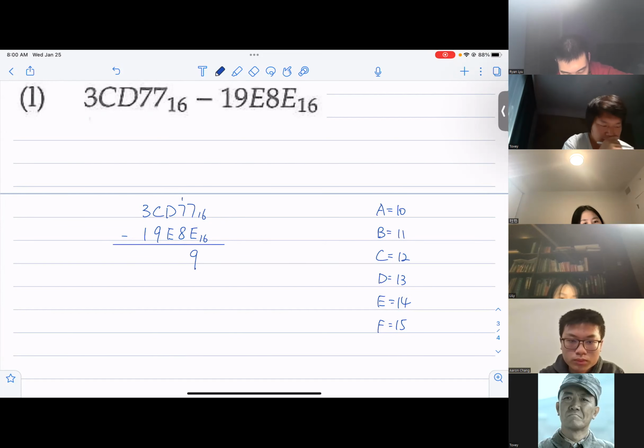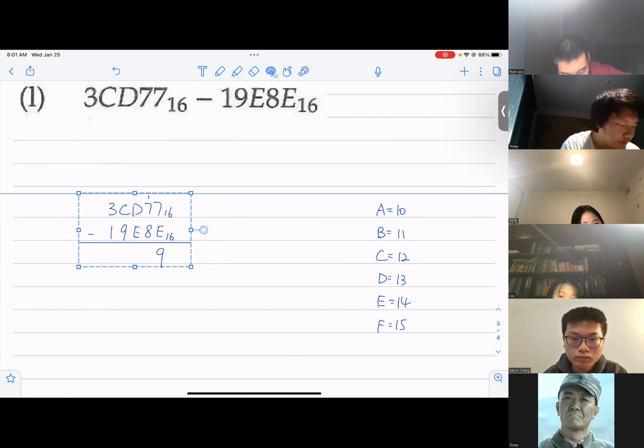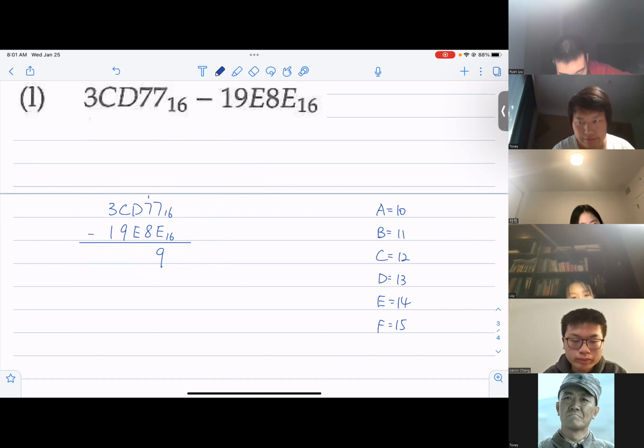Borrowed one. Okay. So for the borrowing, Lily, does that make sense? Why is it 9? Okay, good. So when you borrow one, notice that you are not in a decimal system. So when you borrow one, it's not just going to be 17, because you're borrowing 16. It's base number 16, right? When you borrow one, you are borrowing 16, not 10, okay?